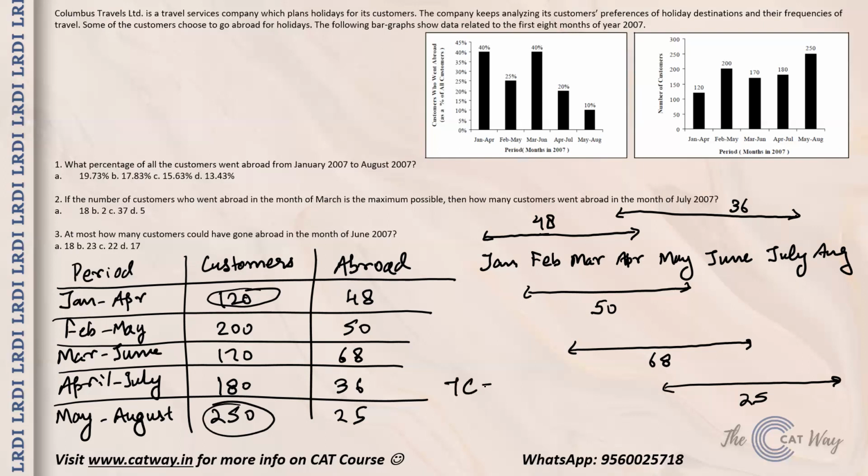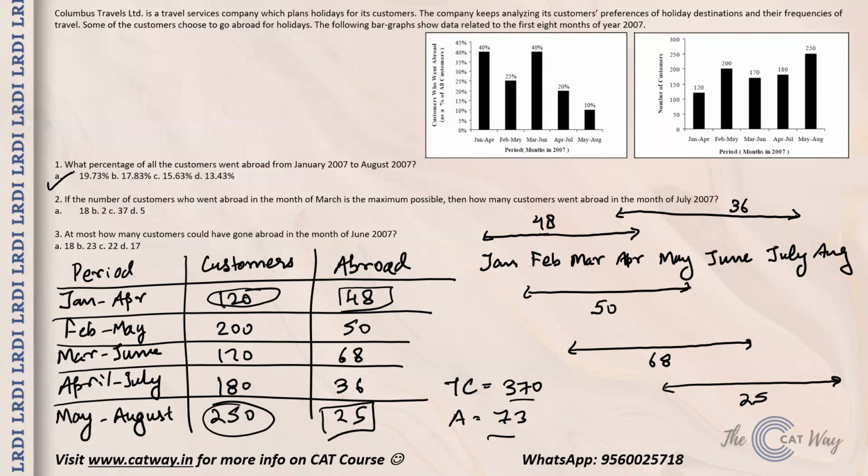So total customers is 370, and abroad customers: between January to April, 48 people went, and from May to August, 25 people went. So total 73 people went abroad. Now moving to the questions, what percentage of all customers went abroad from January to August? So what you have is 73 by 370, that is 19.73%. Option number A will be the right answer over here.